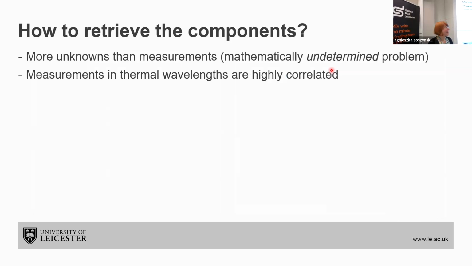So now I've let you know about all the difficulties. We actually have more unknowns than measurements, because in each band we have both temperature and emissivity, and there's just one number, one measurement. And measurements in the thermal wavelengths are highly correlated. What it means is we have one temperature throughout all the bands.